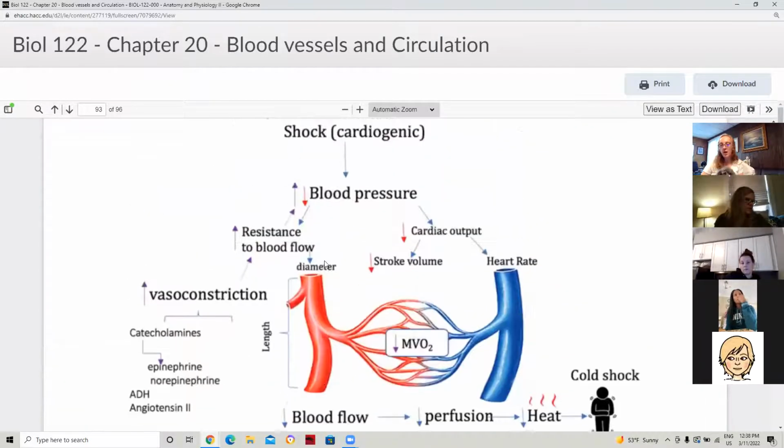So the purple lines are compensating factors. The red is showing what the shock caused. So shock: reduced blood pressure, reduced cardiac output, reduced stroke volume.